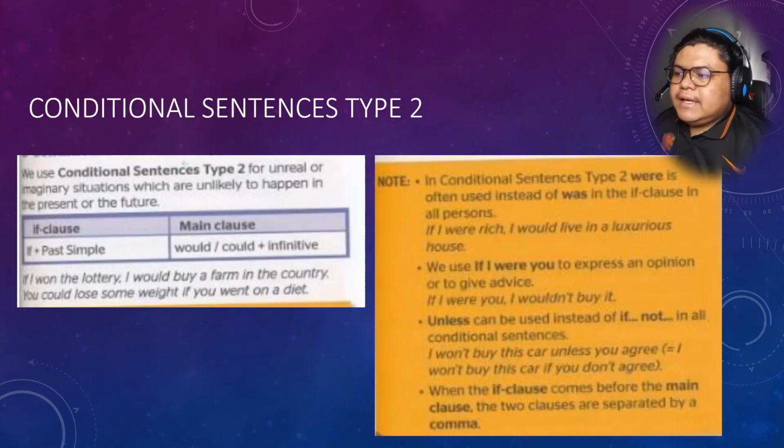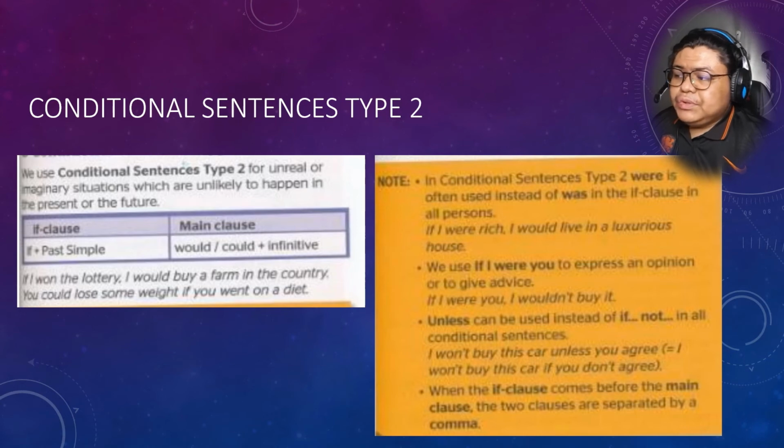Okay, so this is the second type of the conditional sentences. We use the second type for unreal or imaginary situations which are unlikely to happen in the present or in the future. Kalau tadi bercakap tentang suatu perkara yang akan berlaku, yang ini tidak akan berlaku, situation which are unlikely to happen.